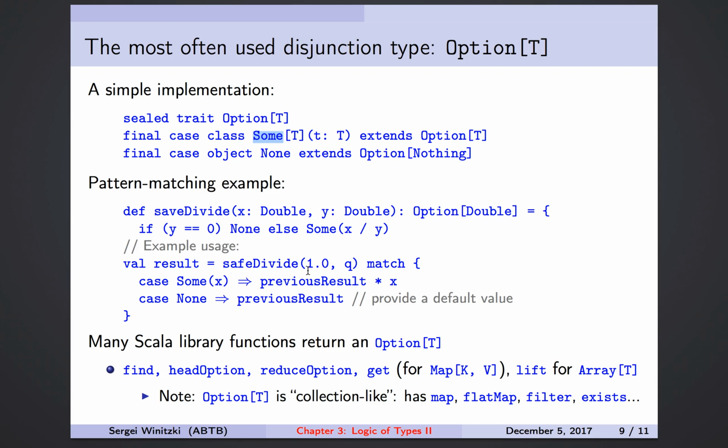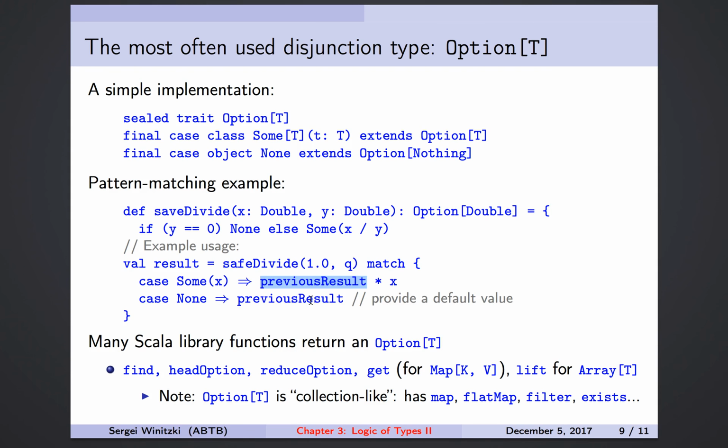So I would say safeDivide 1 divided by q. Maybe q is 0, maybe not. But I then match. So this returns an Option of Double. I match the Option with two cases, Some(x) and None. So these are the two parts of the disjunction, and I match on them. And so if I have Some(x), then I multiply that sum, whatever previous result, by that x.